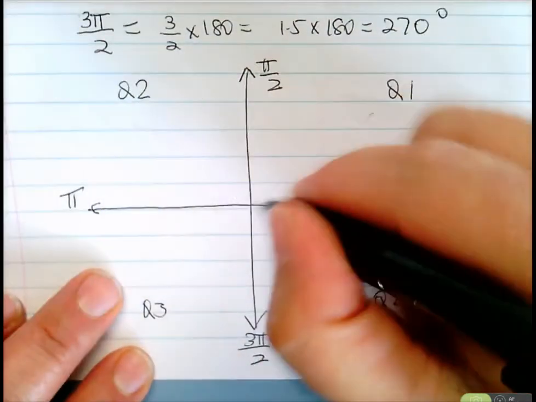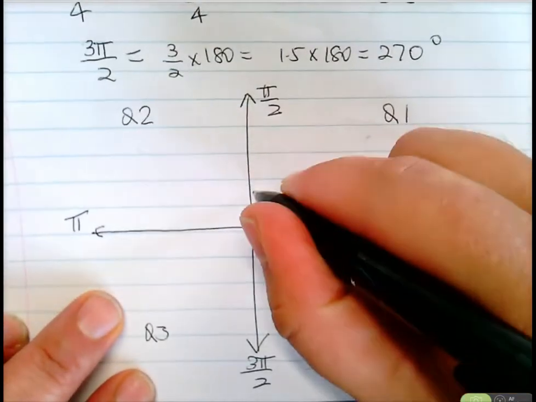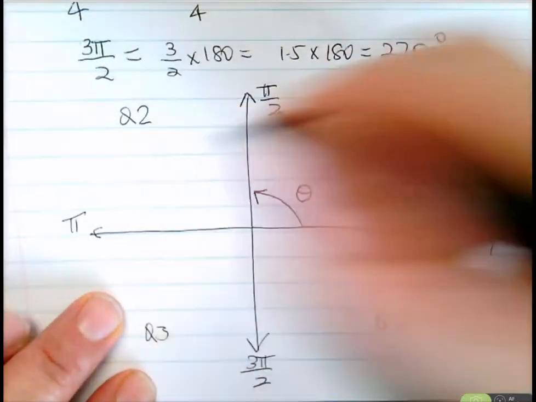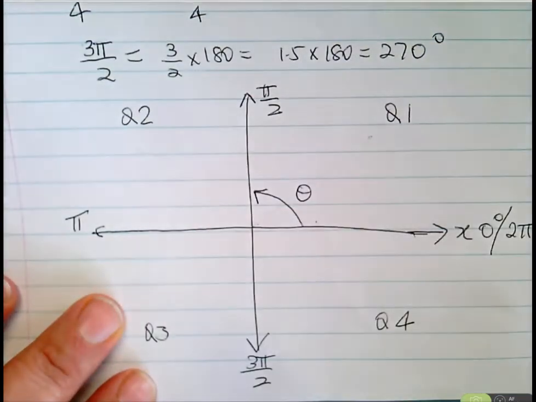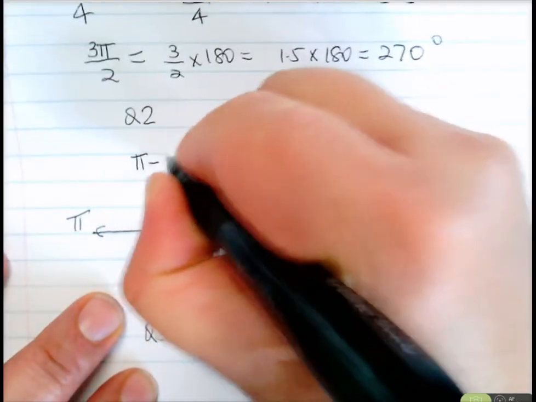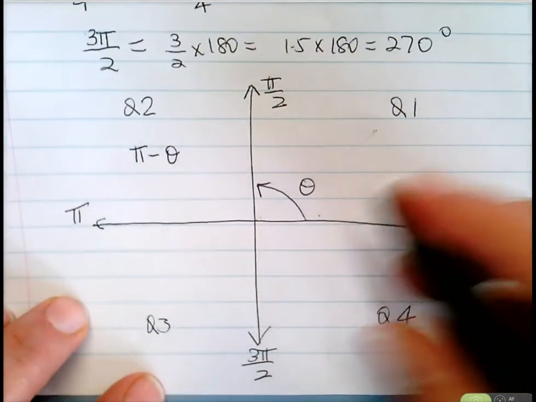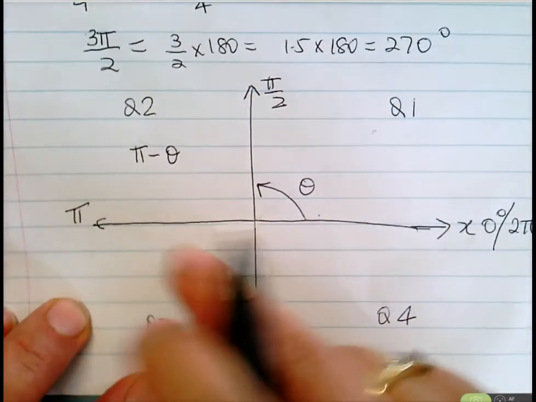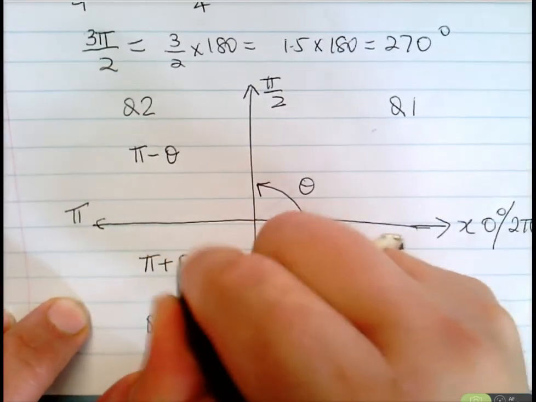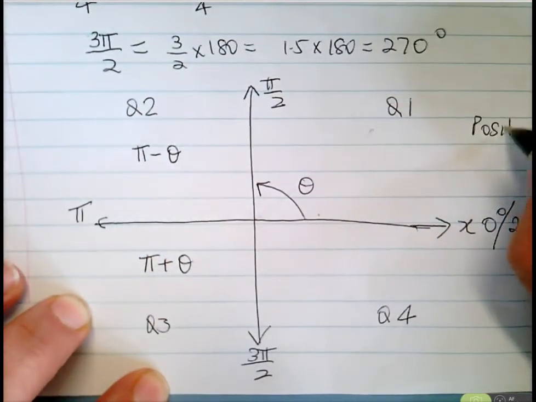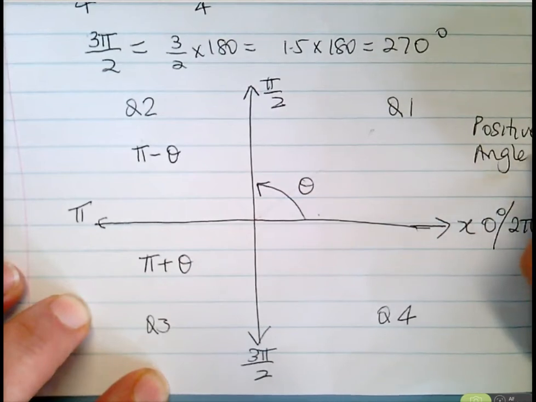Do you remember how we used to call quadrant 1 theta? What do we call quadrant 2? Remember it was 180 minus? Pi minus theta. Instead of 180 minus theta, it's now pi minus theta. Quadrant 3, instead of 180 plus theta, pi plus theta. These are our positive angles. Got to remember our negative ones in a minute.